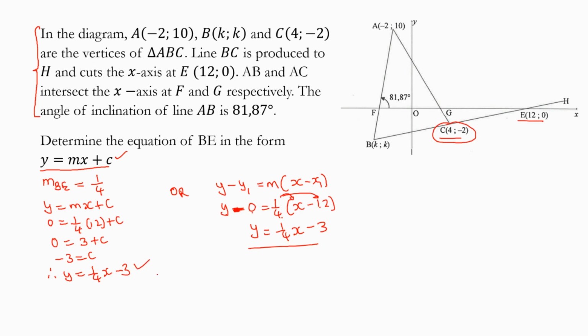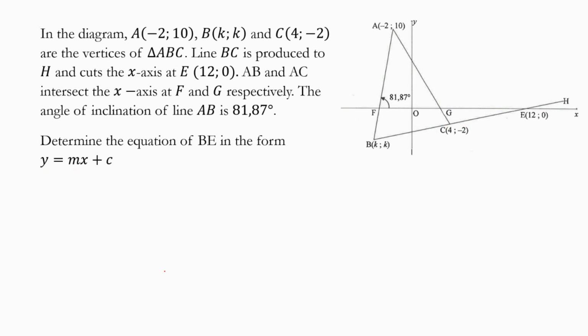We can even substitute the coordinates of C and we're going to get the same answer. Let's just do that. If you're using the coordinates of C, we still have the gradient of PE, which is 1 over 4. Where there's y, put negative 2, so negative 2 is equal to 1 over 4 times x, which is 4, plus c.